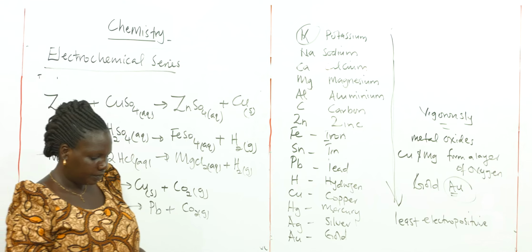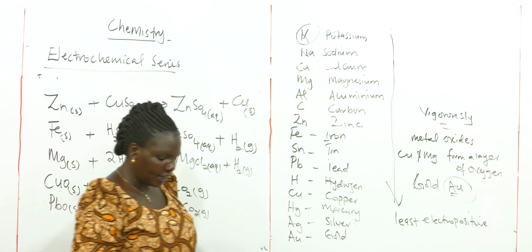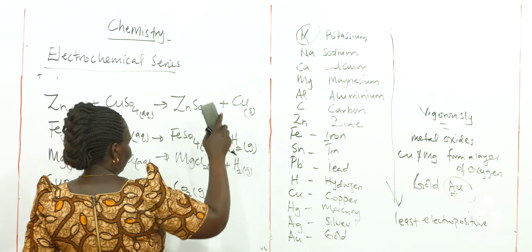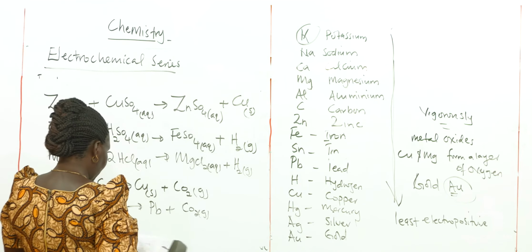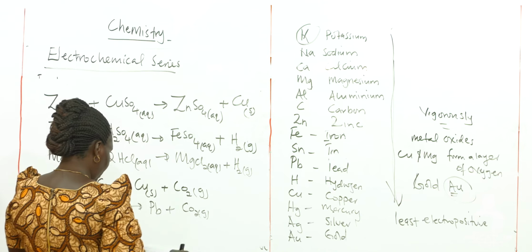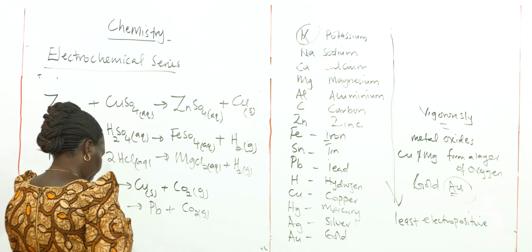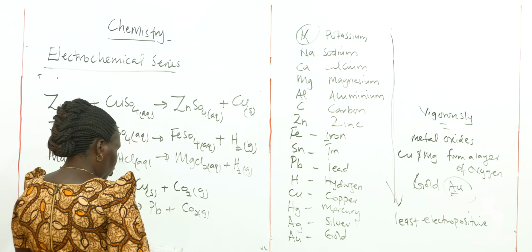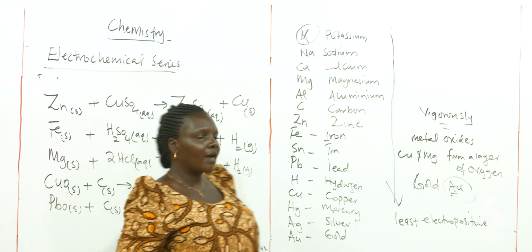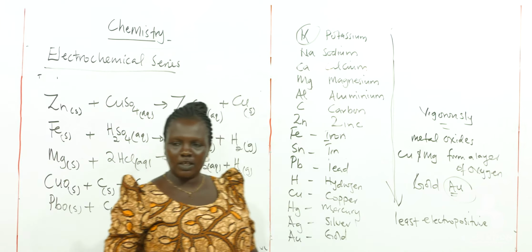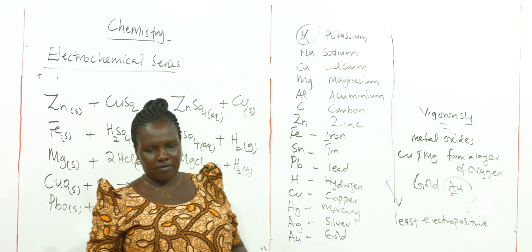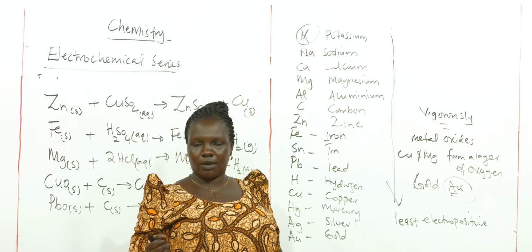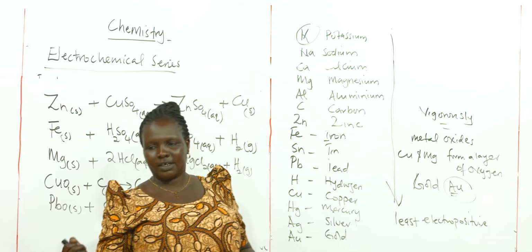Then let us look at the electrochemical series of non-metals. As I said, non-metals react by gaining electrons in their outermost energy level. So those non-metals that readily accept electrons are the most reactive.